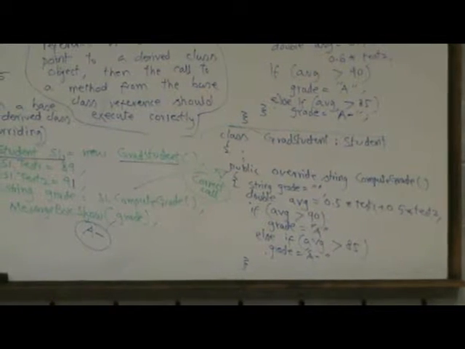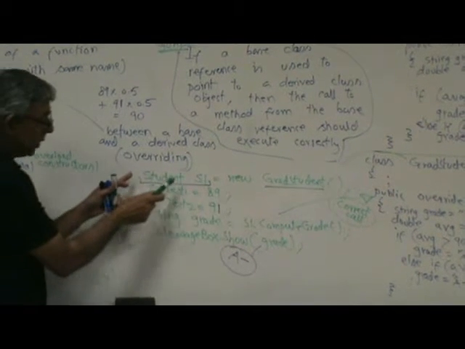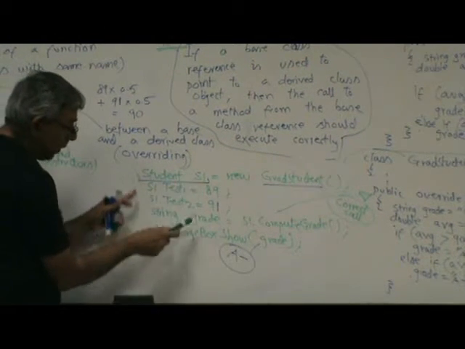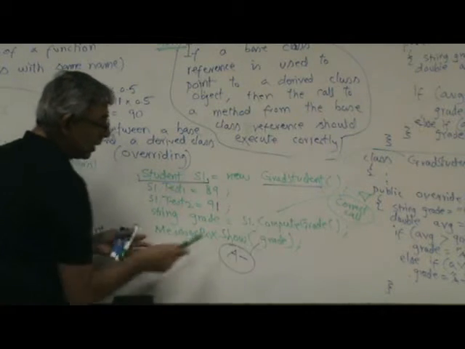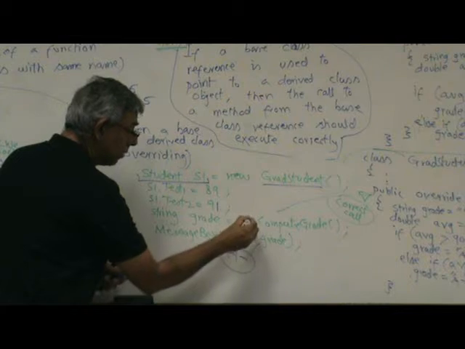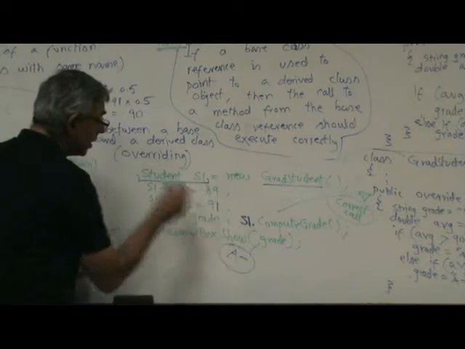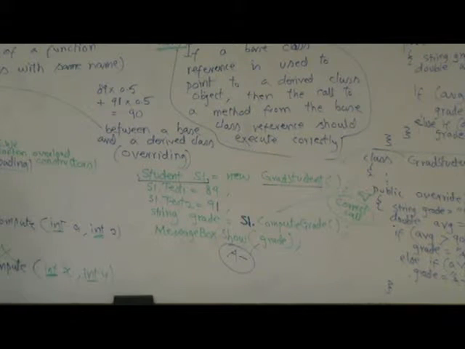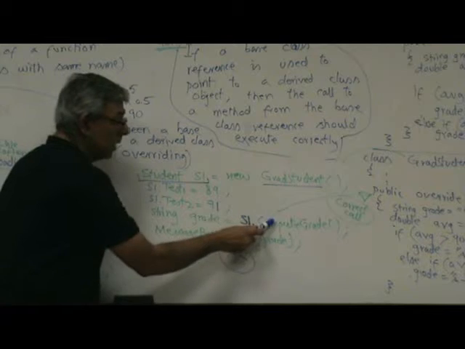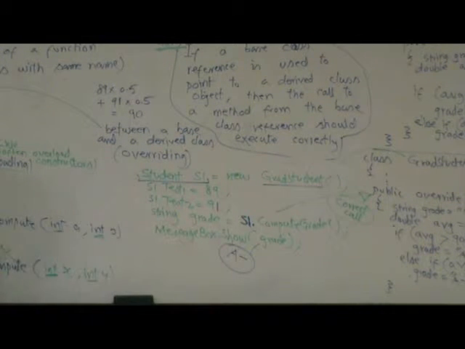So if we strictly go by the compiler as we discussed, remember the compiler checks, once we make the call s1.computeGrade, what type is s1? It's a student. So the compiler's decision normally will be to call the compute grade in the student, but that will be the wrong call in this case, right?